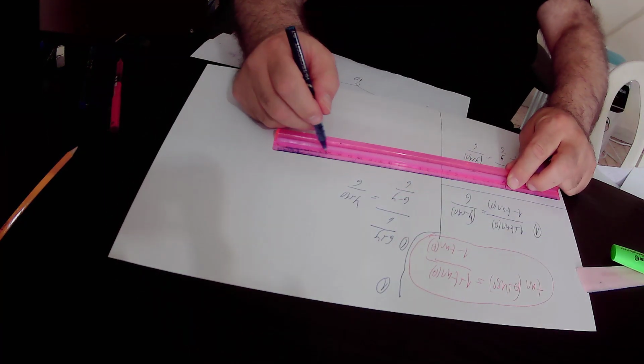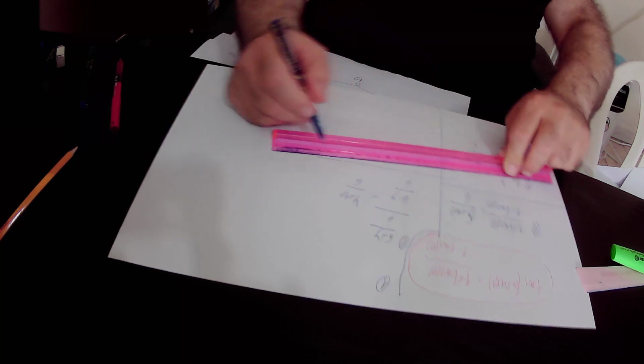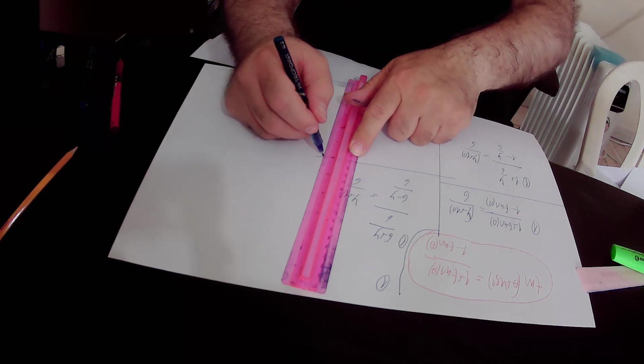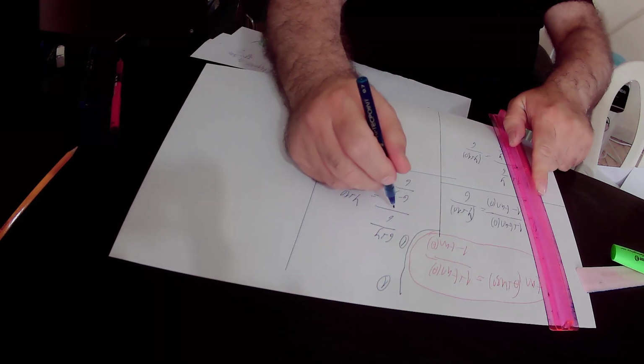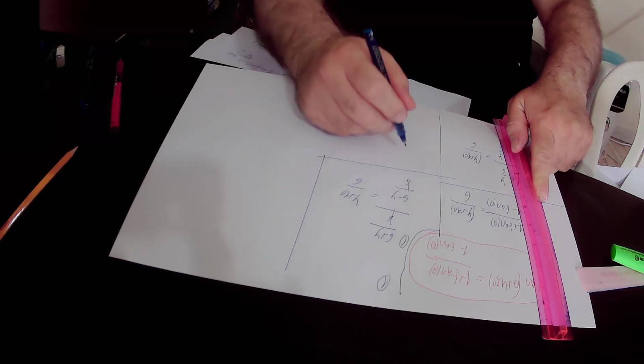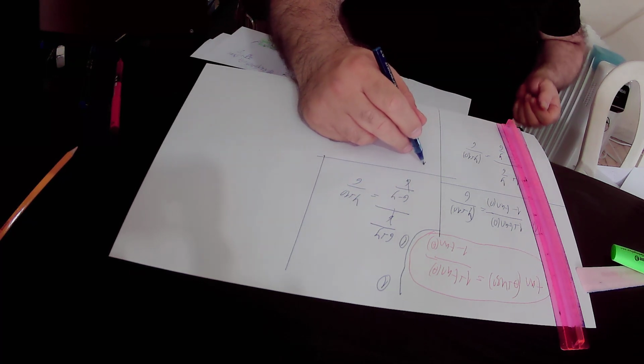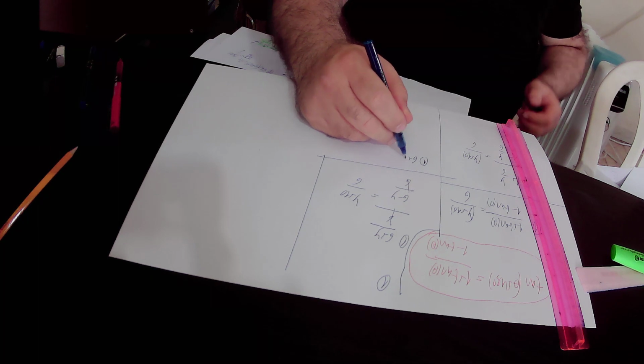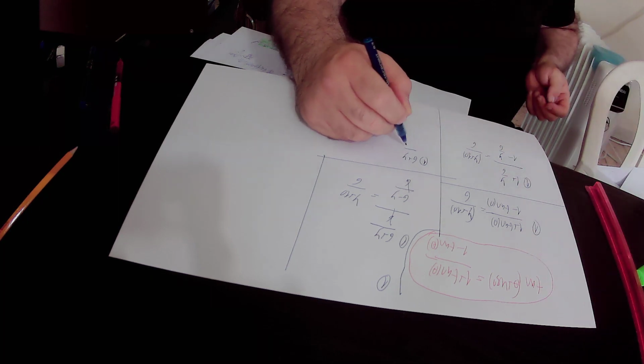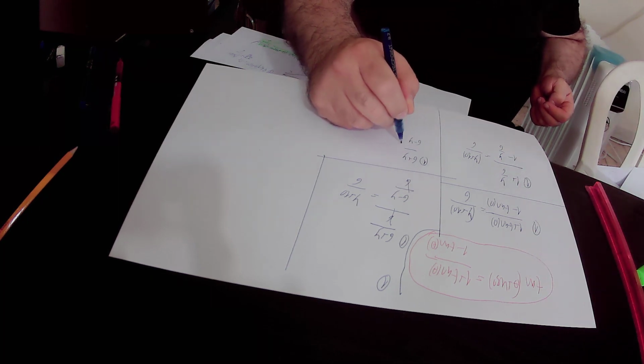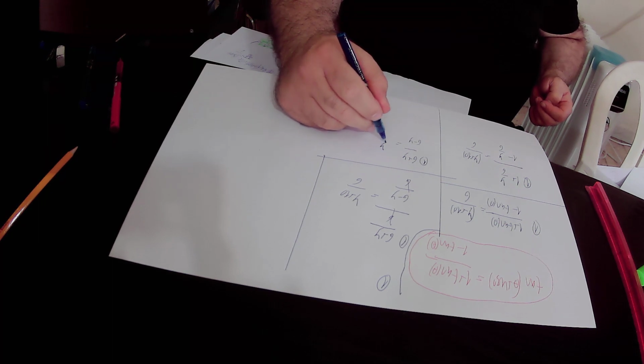Okay. So here we have 6 in the numerator and 6 in the denominator, so 6 will get cancelled. And we're left only with 6 plus y over 6 minus y equals y plus 10 over 6.